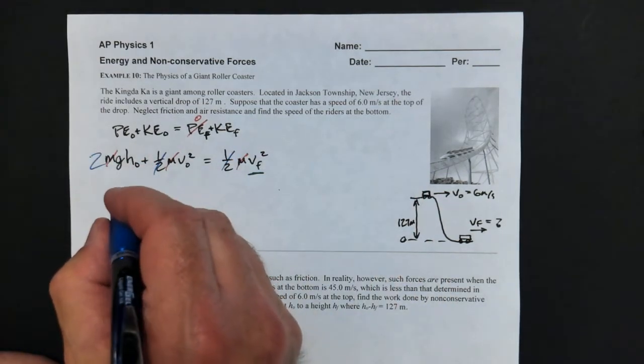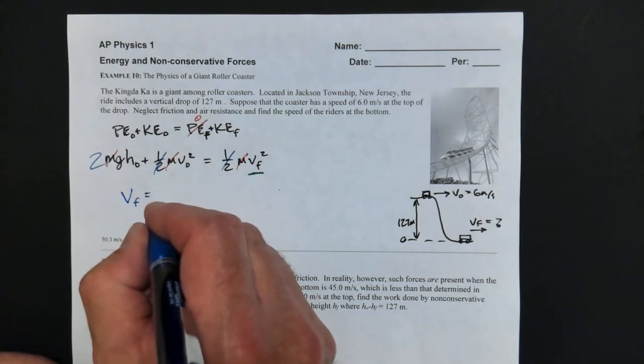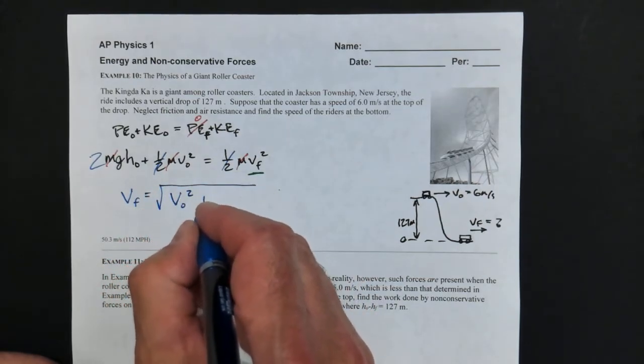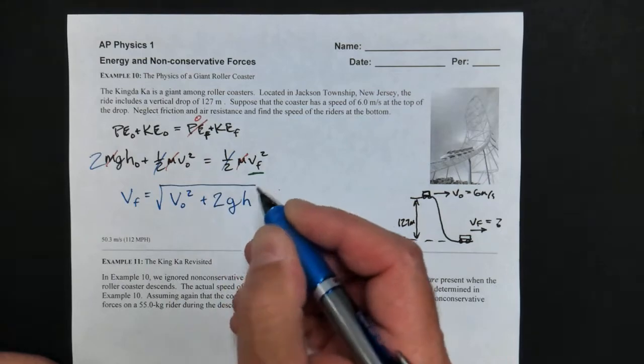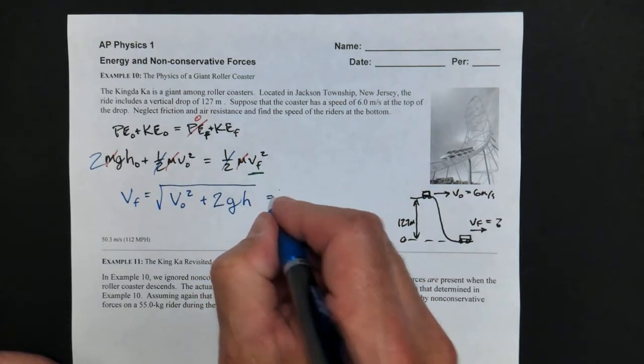And so you end up with this very familiar expression where vf equals the square root of v0 squared plus 2gh, which looks an awful lot like the solution from the fourth equation of kinematics. Let's plug and chug.